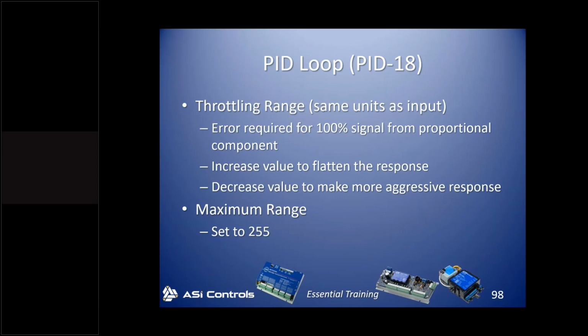It's a calculation that somebody thought of about 100 years ago, where the proportional part of the calculation is related to the current error, where the error is the difference between the input and the set point. The integral is related to the summation of the error over time, and then the derivative is related to the difference between the current error and the previous error, meaning the error from the previous cycle.